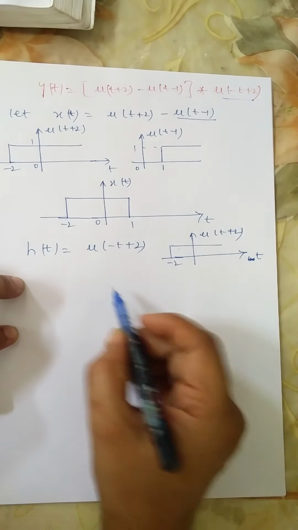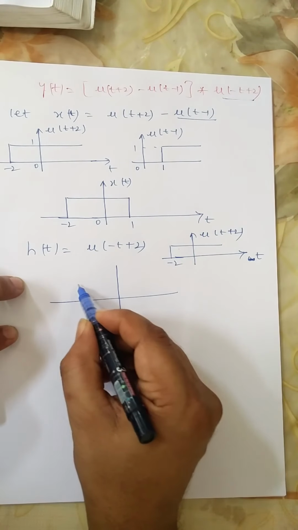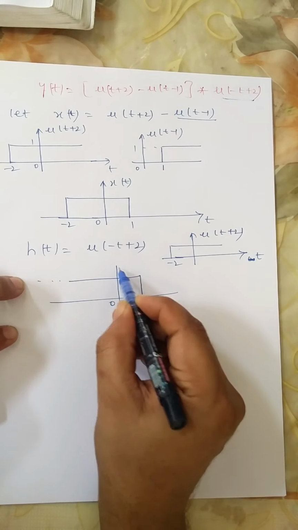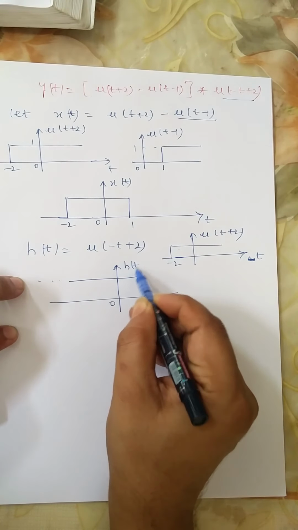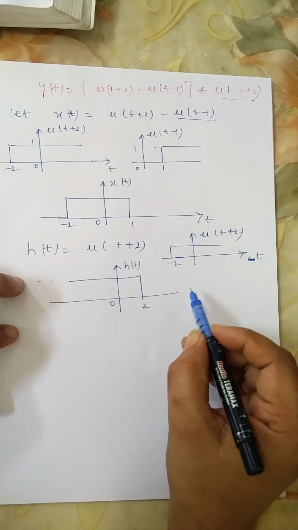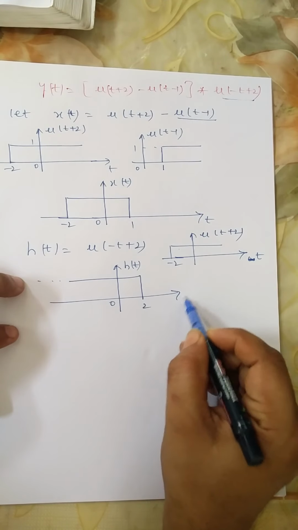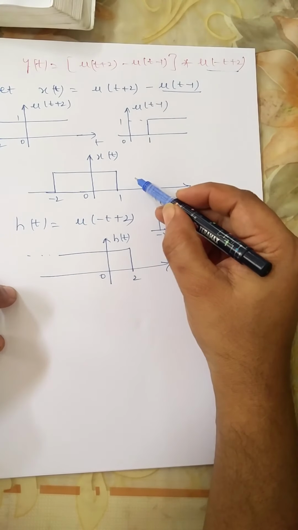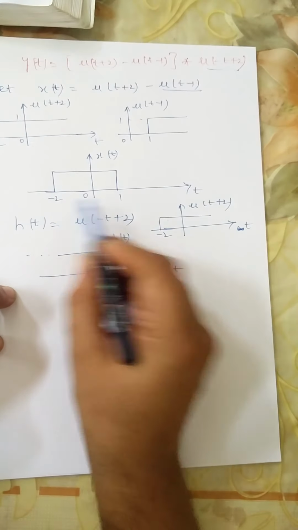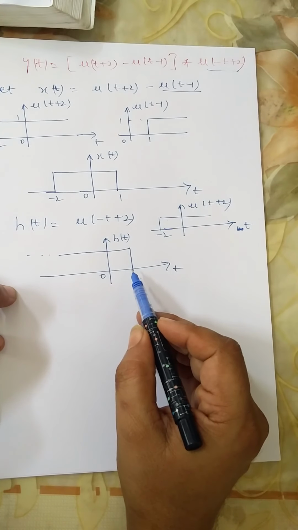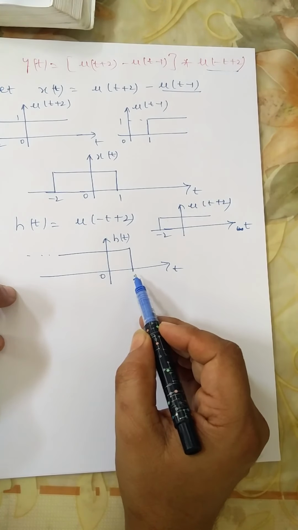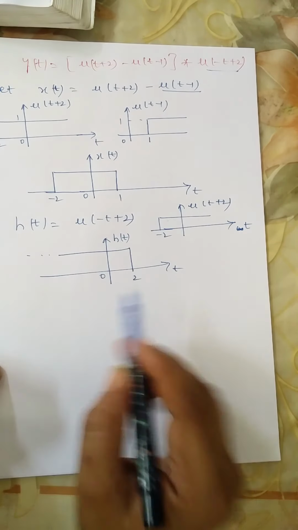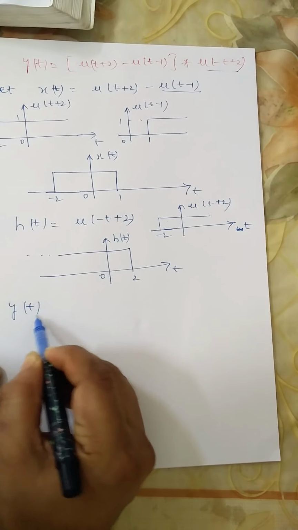Then you take its reflection, because of the minus sign the signal comes from plus 2 to minus infinity. This is the impulse response h of t. Now the first signal is a finite duration signal that exists only from minus 2 to plus 1. The second signal, u of minus t plus 2, is an infinite duration signal that exists from 2 to minus infinity.